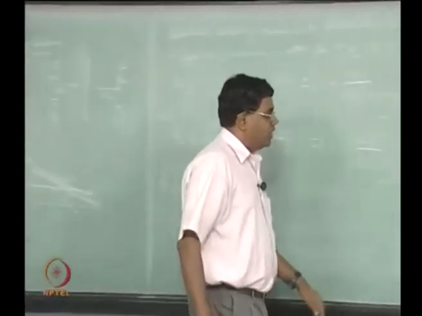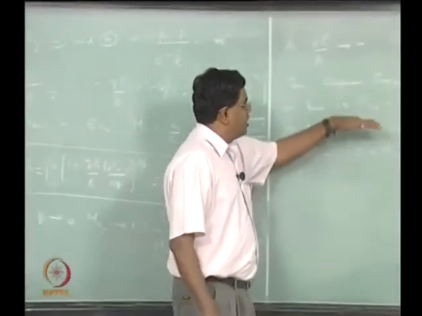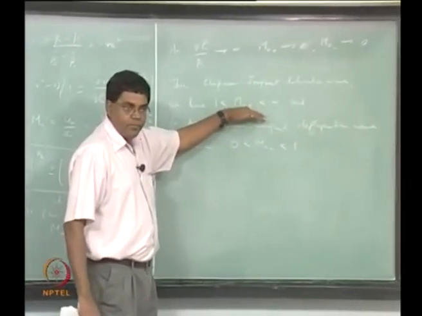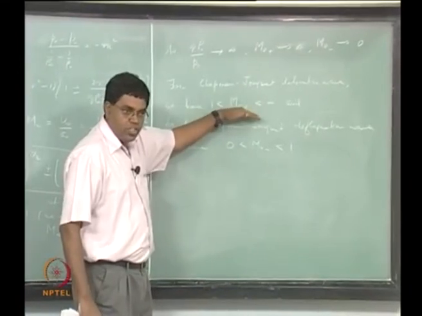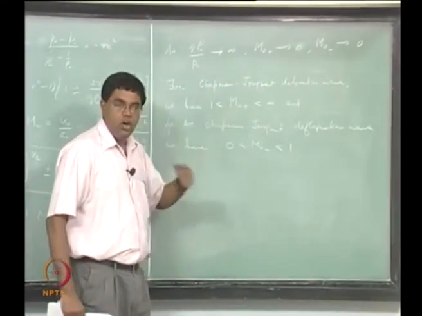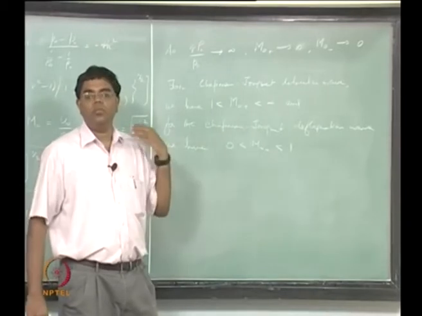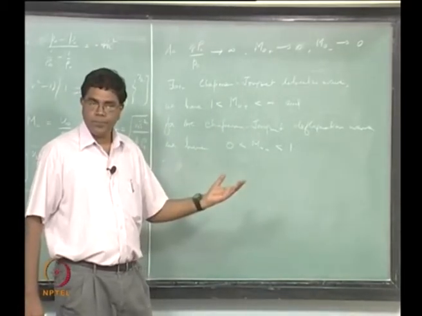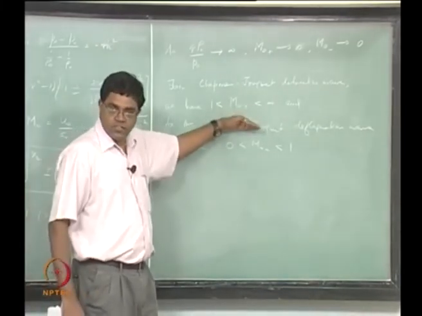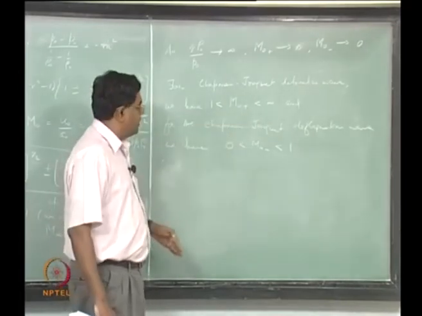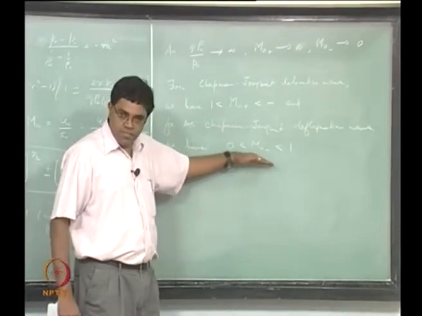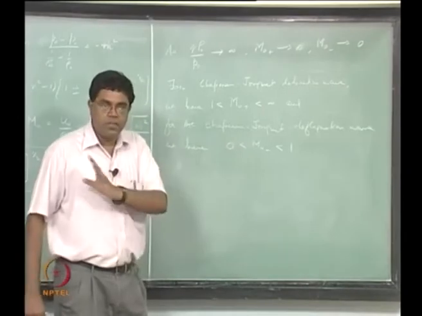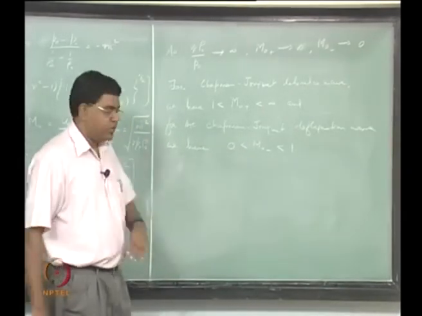So if you now have a Cj wave that is supersonic, right, that's a Cj detonation wave that is supersonic, all other detonations are going to be supersonic because this is the slowest. And if a Cj deflagration wave is going to be subsonic, then all deflagrations are going to be subsonic, right.